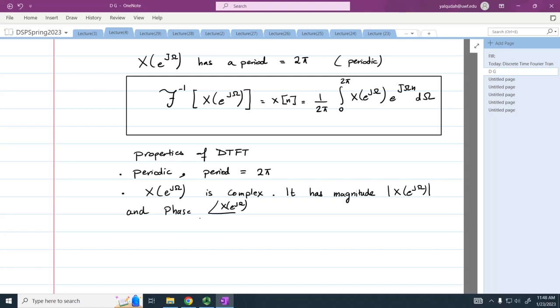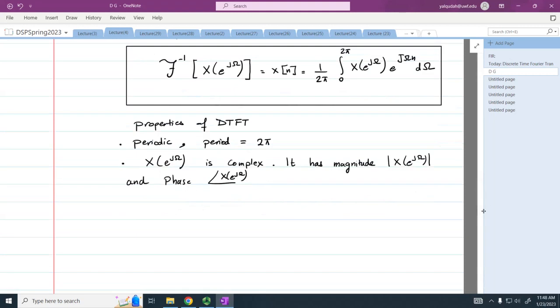Other properties: if I have x of n convolved with h of n, and I take the discrete time Fourier transform of it, this is going to equal X of e to the j omega multiplied by H of e to the j omega.